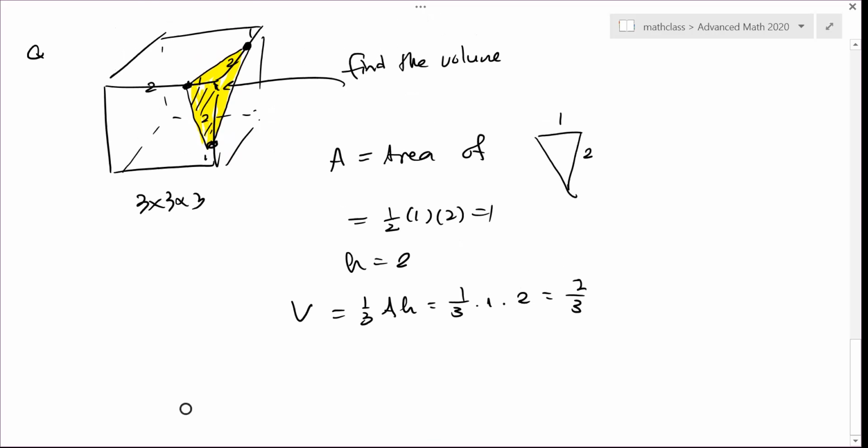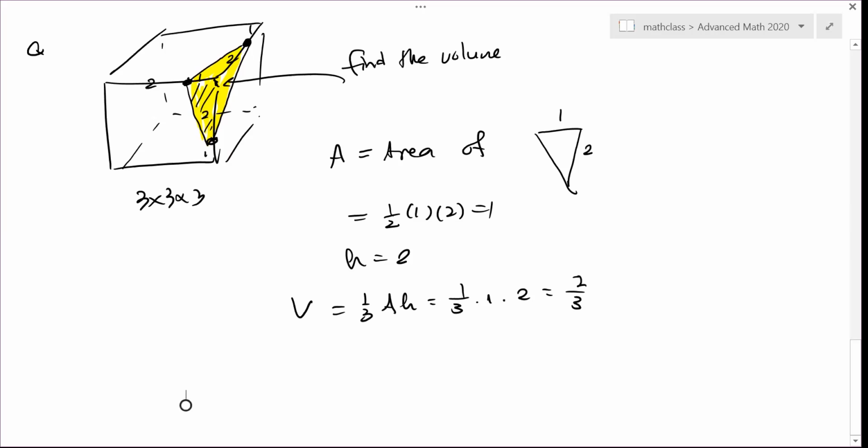Those edges could be square root of 5, square root of 5, and 1, and this side is 2 square root of 2, and this is a square root of 5. It's not easy to find the area of a triangle with these 3 sides.